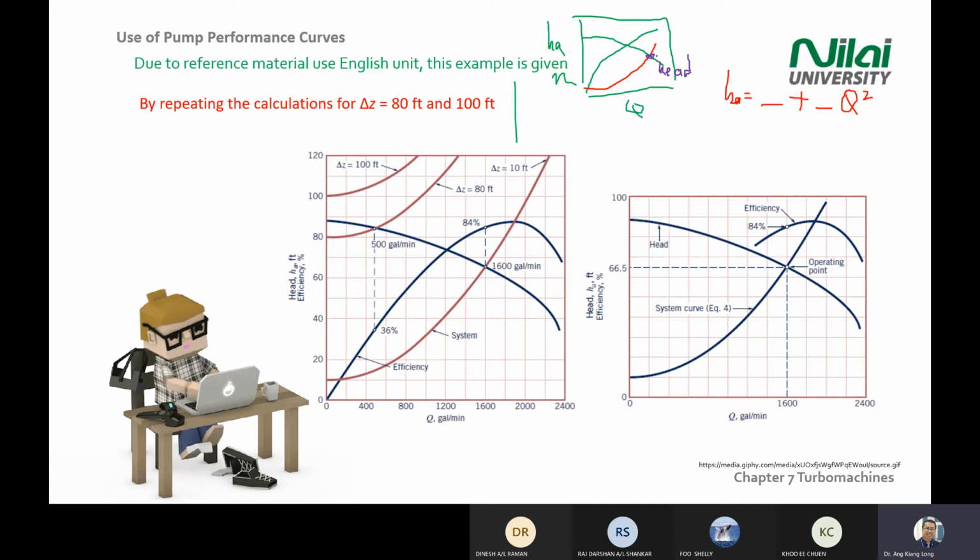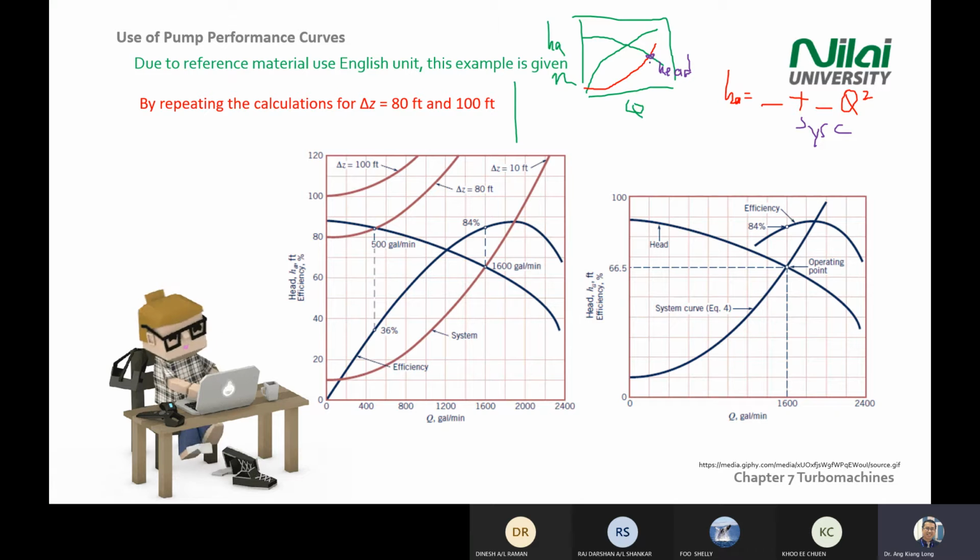So the step is to plot the graph from the energy equation. It becomes the system curve. Plot this system curve inside the manufacturer graph and you get the red color line. This line will cross the head line.